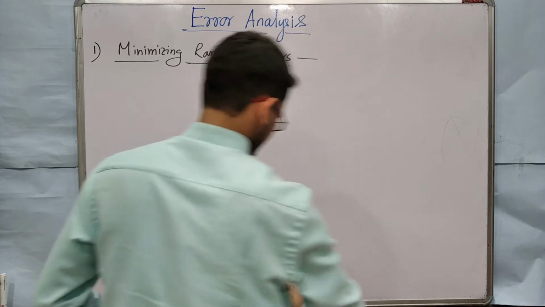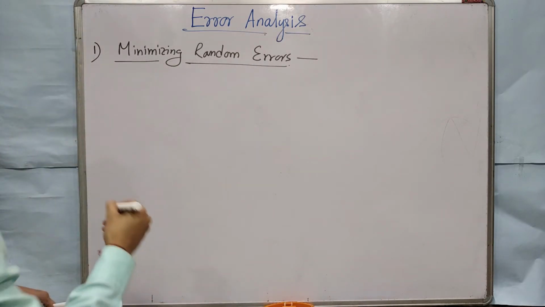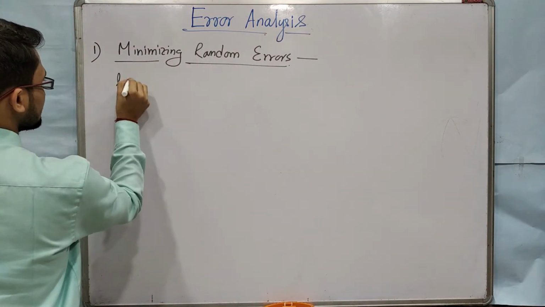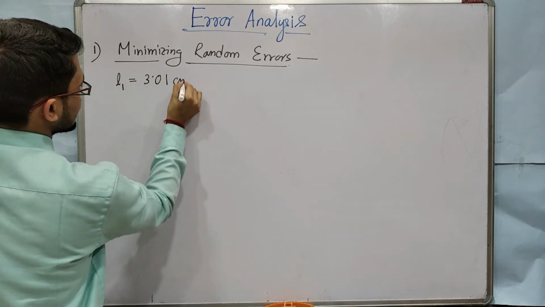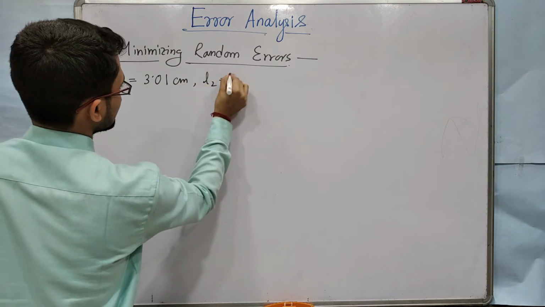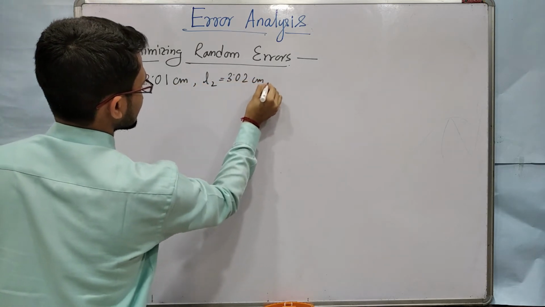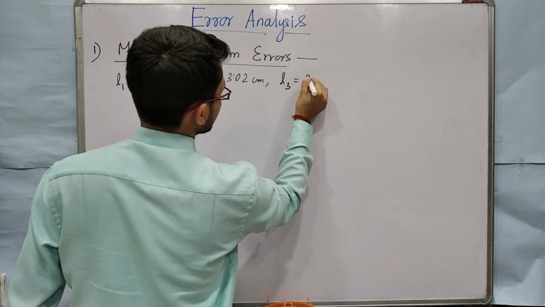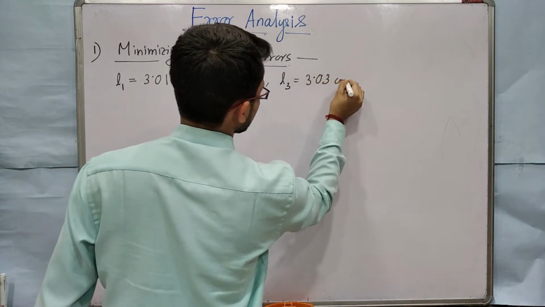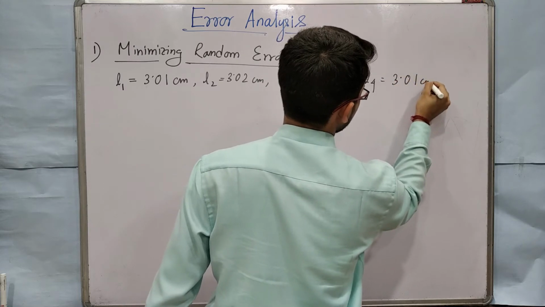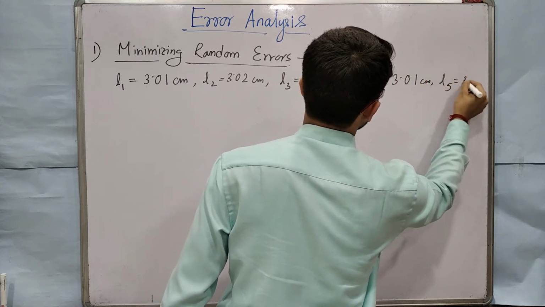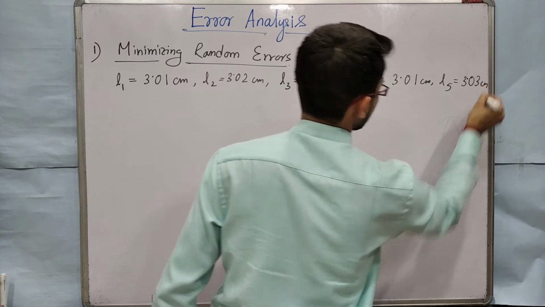So suppose here I am taking 5 readings, 5 lengths. So L1 equal to, suppose, 3.01 centimeter, okay, L2 3.02 centimeter, L3 3.03 centimeter, L4 3.01 centimeter, and L5 3.03 centimeter.